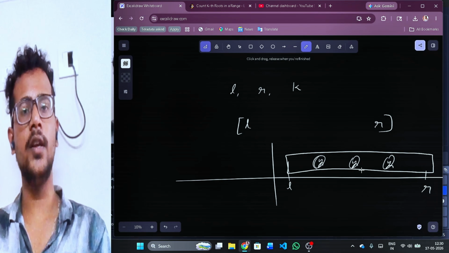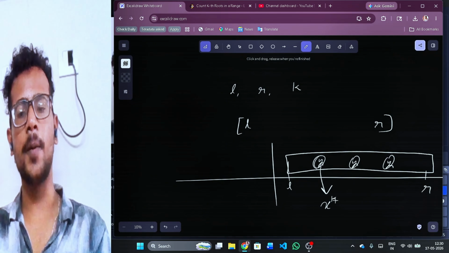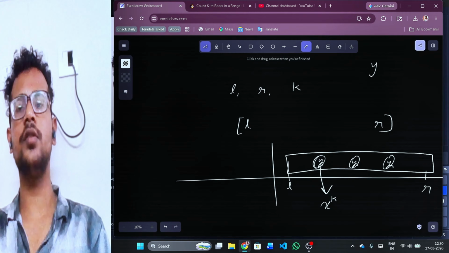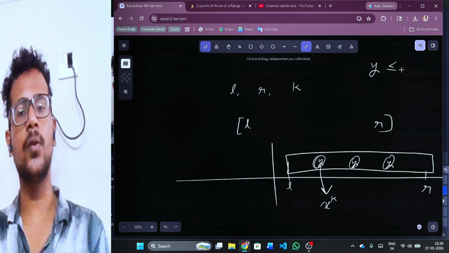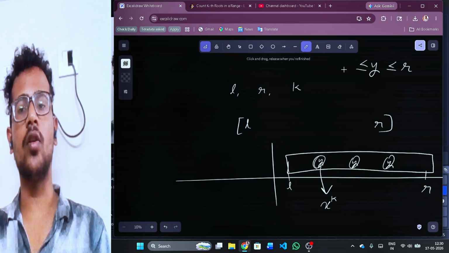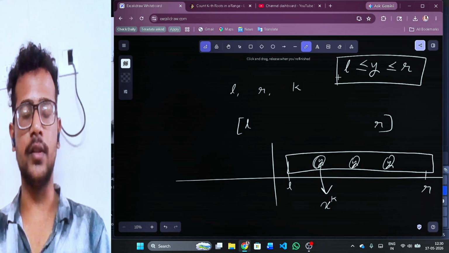Of course, Y is an integer, and it is nothing but the value of X power K. So we need to find those Y values which are less than or equal to R and greater than or equal to L in the range.